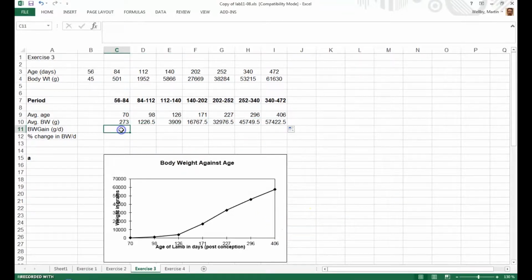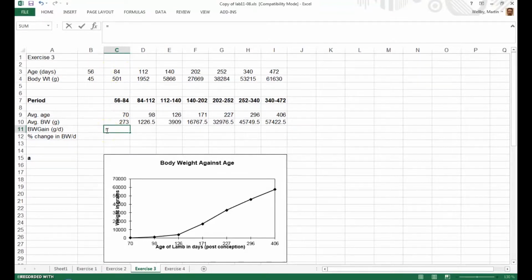So let's fill in the next part, the body weight gain per day. So for this step here, it's gone from 45 grams to 500 grams, and it's taken between 56 to 84 days. So we need the change in weight over the change in days.